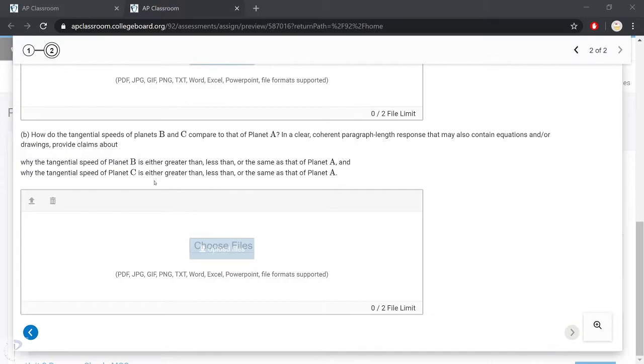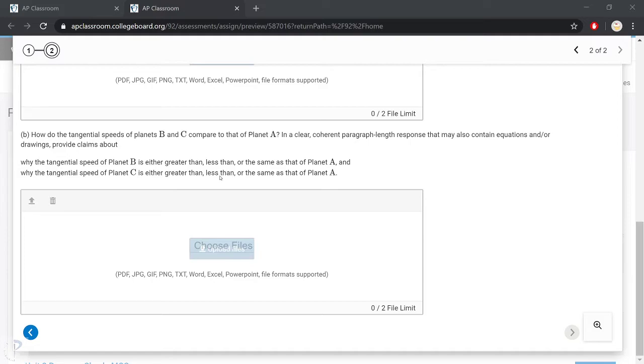B, how do the tangential speeds of planets B and C compare to that of planet A? In a clear, coherent, paragraph-length response that may also contain equations and/or drawings, provide claims about why the tangential speed of B is either greater than or less than. So not only do you have to describe it, but also compare them.